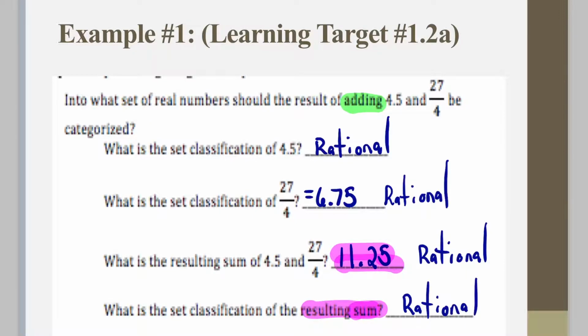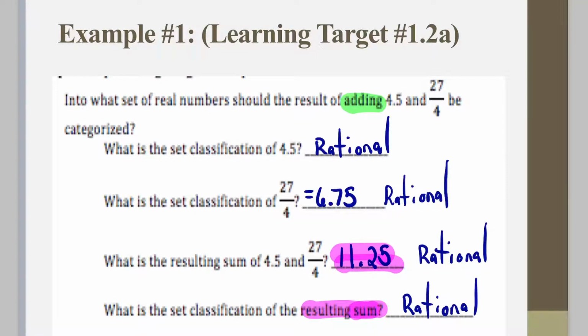But if we were to have skipped all the way down, we were to have looked at the two numbers being added, the 4.5 and 27/4, and realized that they're both rational numbers, we could have answered the question, what is the set classification, without even having done the math to get the resulting sum.